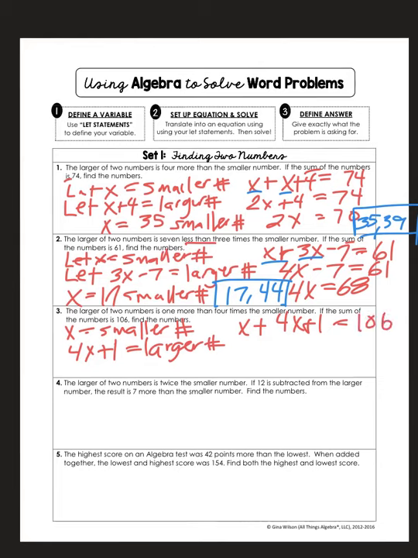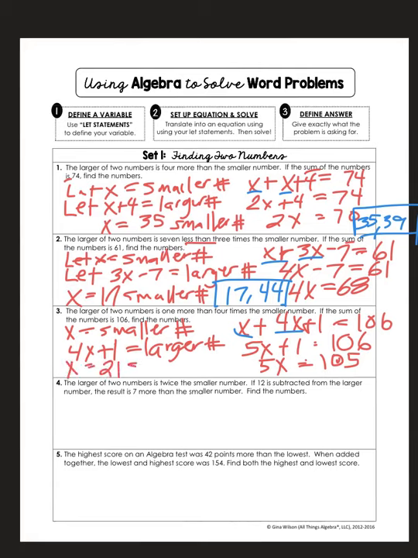All right, we've got an equation. We know how to solve these, combine like terms. x plus 4x is 5x plus 1 equals 106. Subtract 1 from both sides. 5x equals 105. And divide by 5. x equals 21.